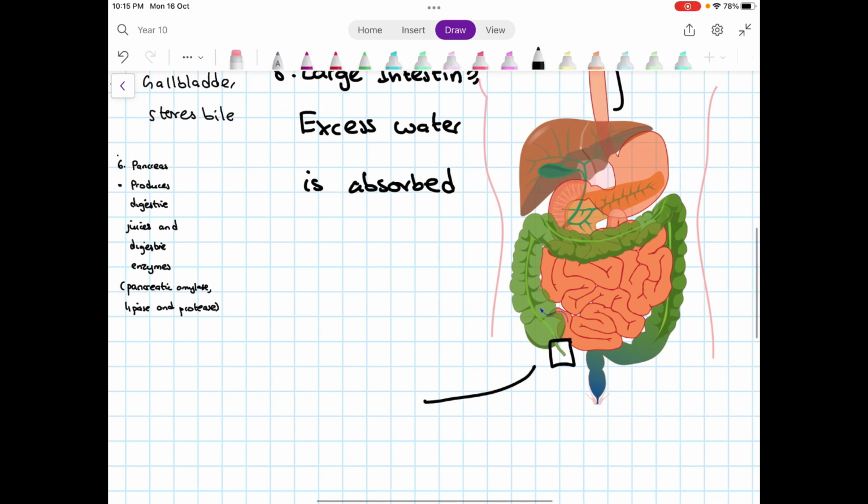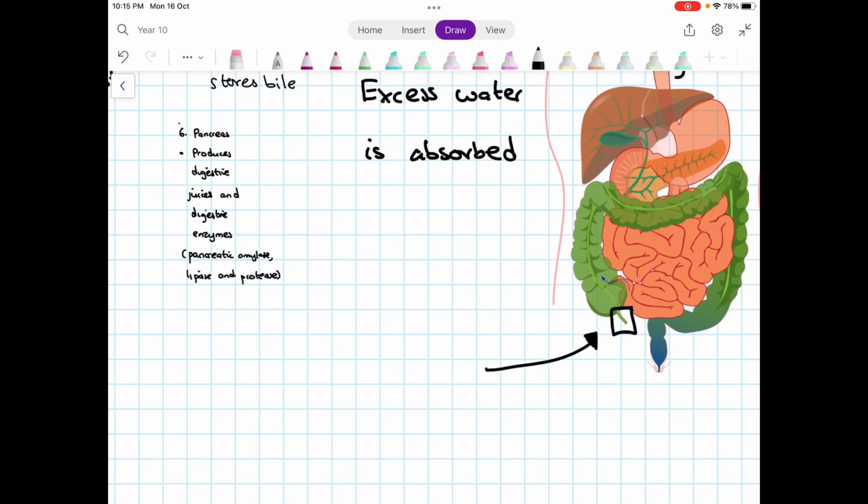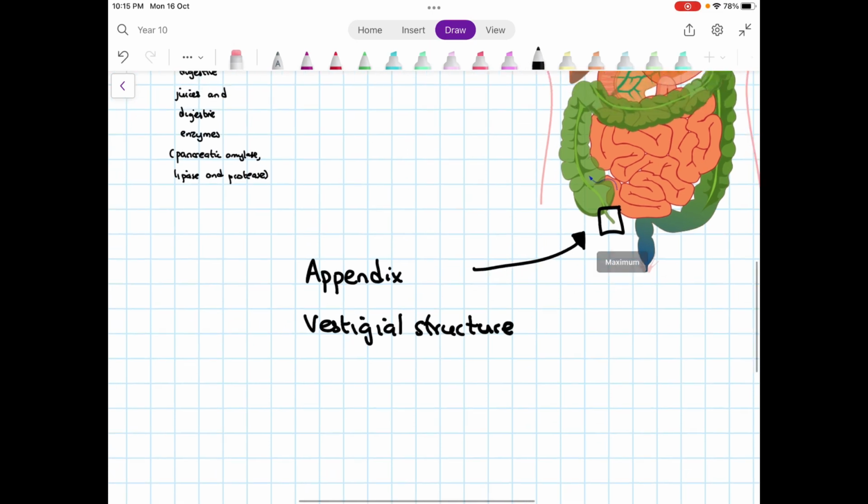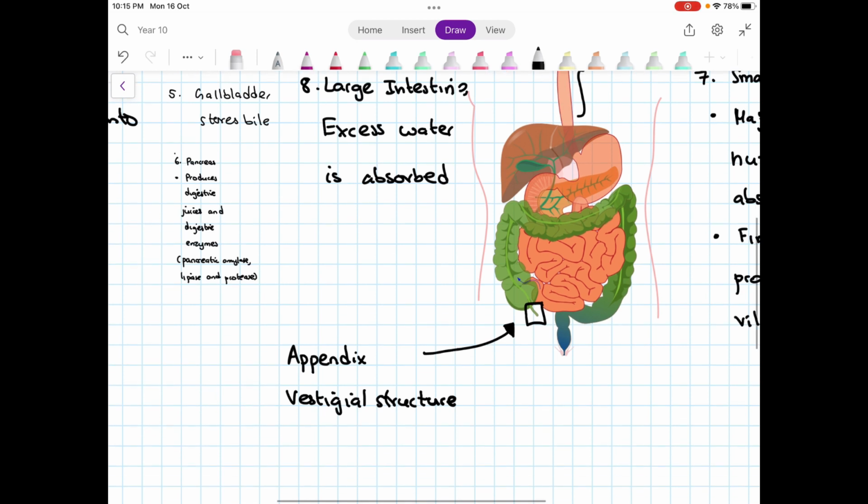I'd also like to mention the appendix, which doesn't have a known function, but is known as a vestigial structure. And it's attached to the large intestine.